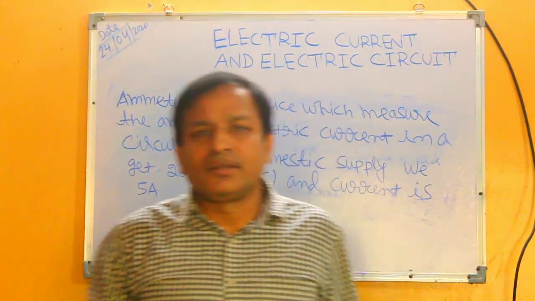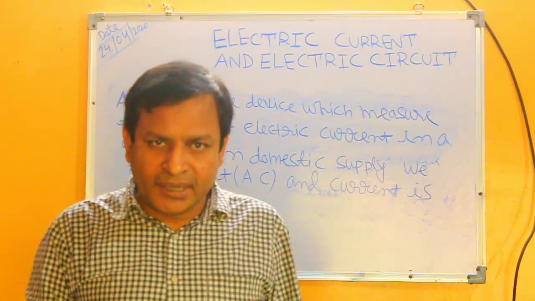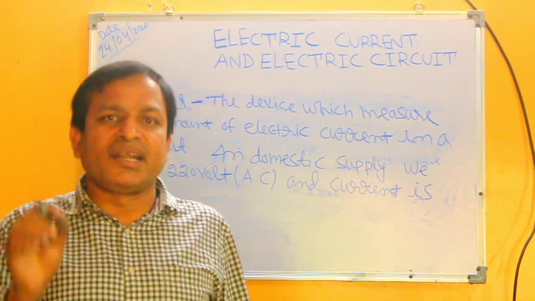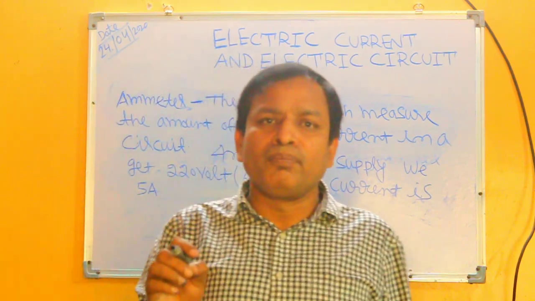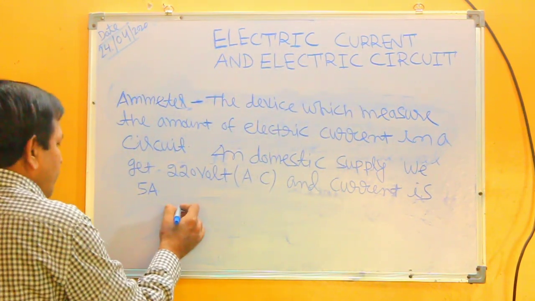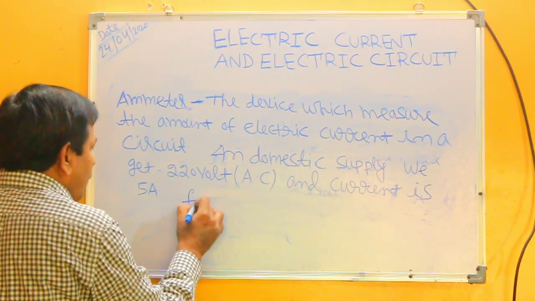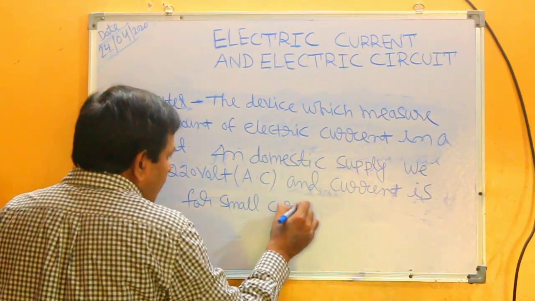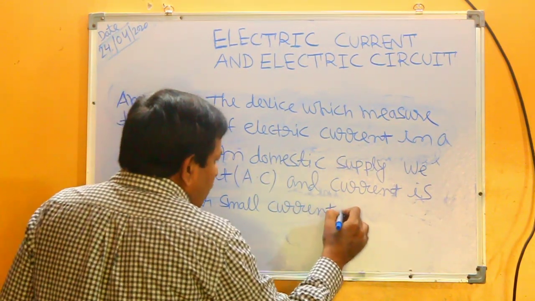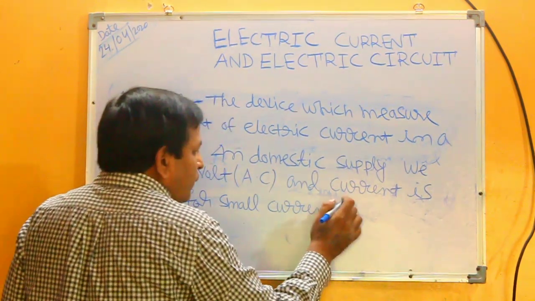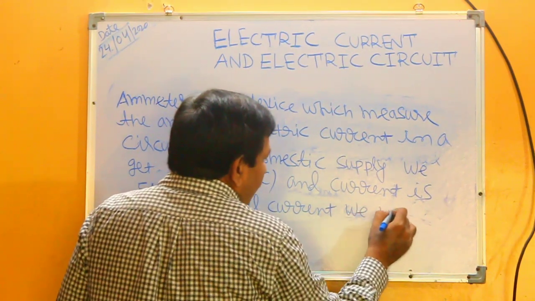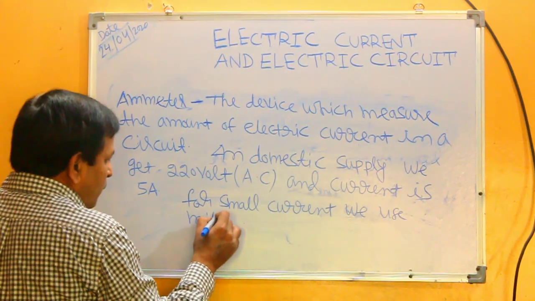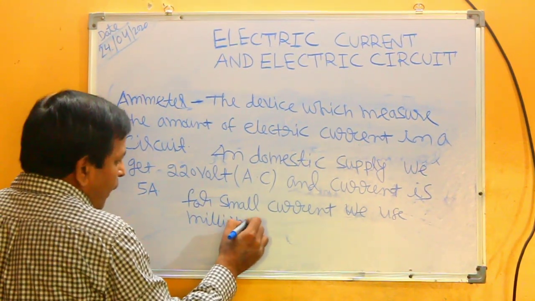There are two types of ammeter. One is milliammeter and the other is ammeter. The milliammeter measures very small current, of the order of milliampere. For a small current, we use milliammeter.